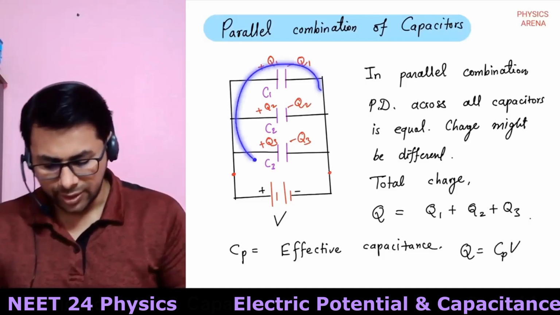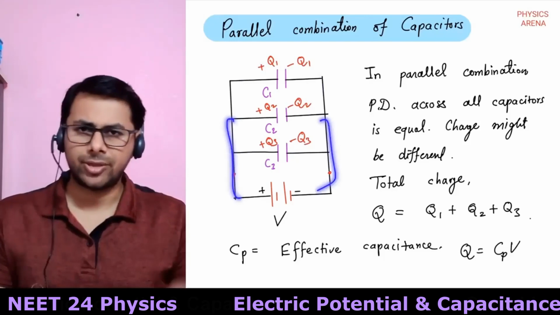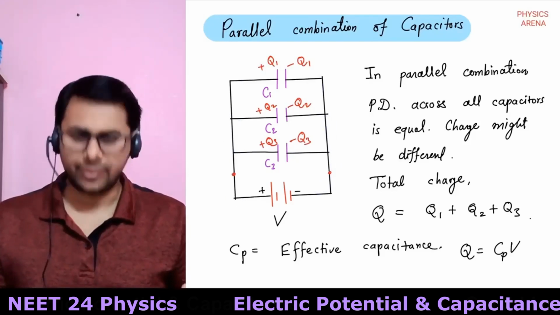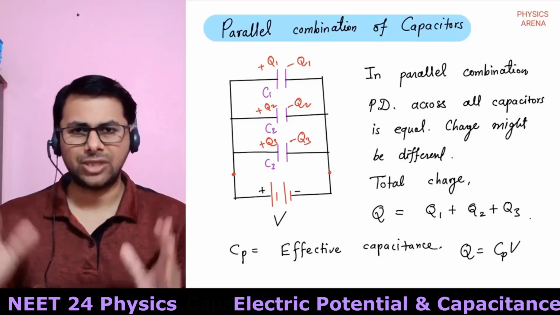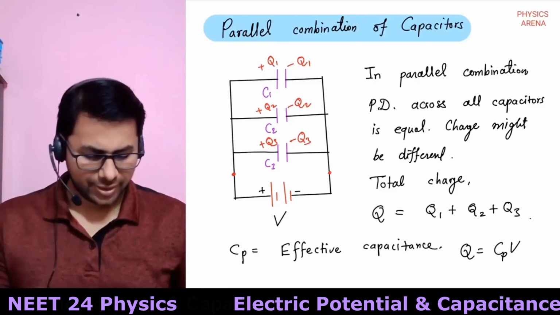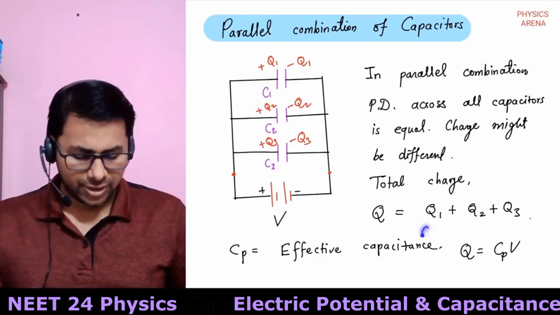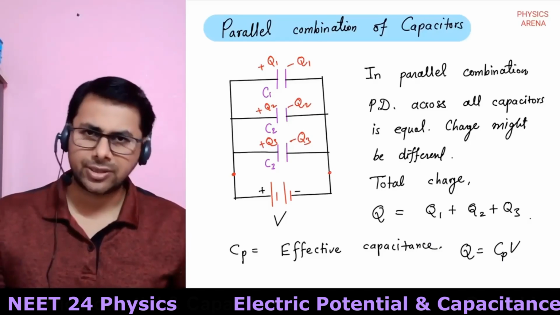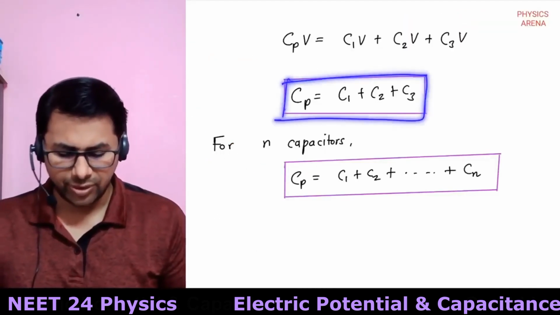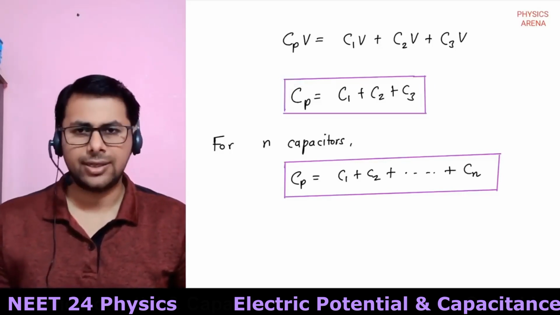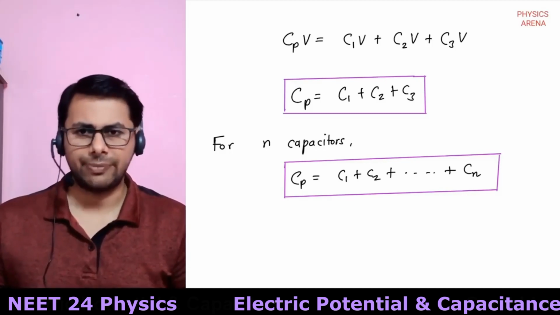For the total combined capacitor also, it is connected between the same two terminals of the same battery, and that's why the potential difference would be the same. So Q is equal to CP times V, and it will be equal to C1 times V plus C2 times V plus C3 times V. V you can cancel out and you get CP is equal to C1 plus C2 plus C3. So in case of parallel combination, the capacitances get added to give the total capacitance.